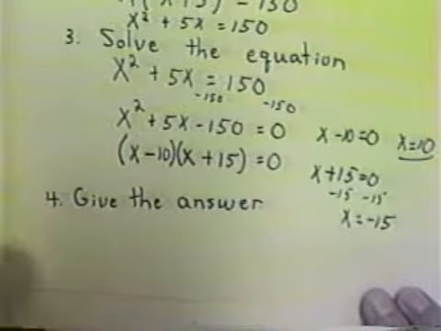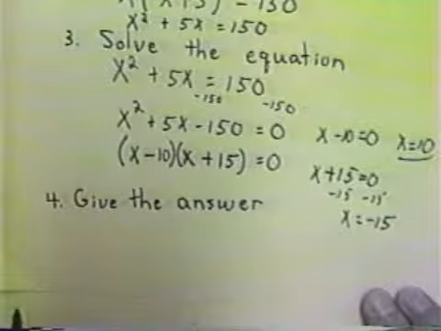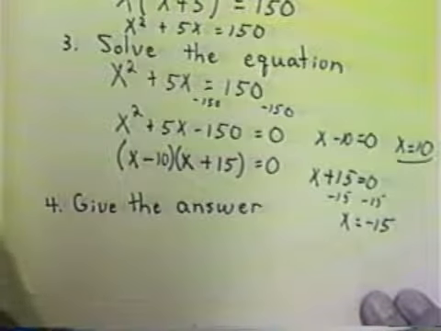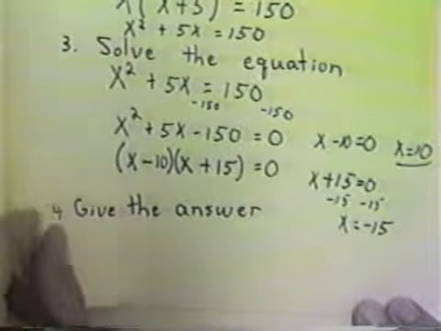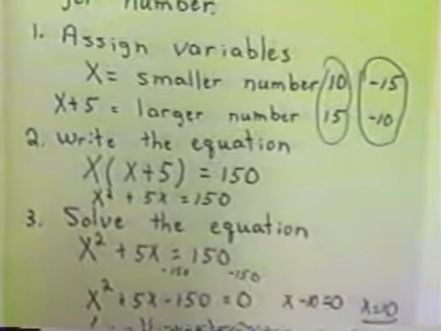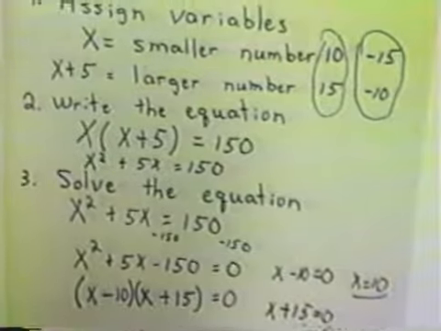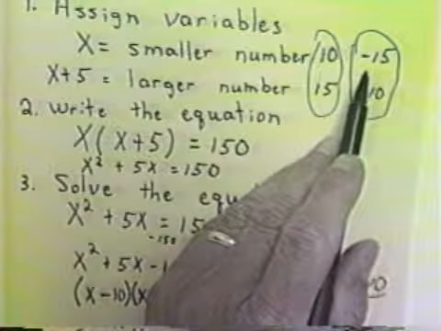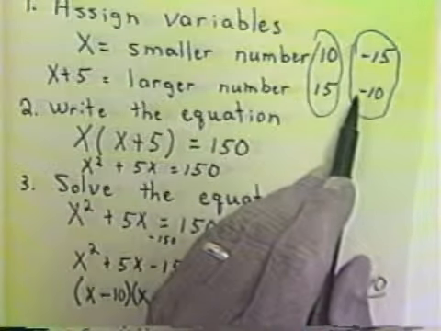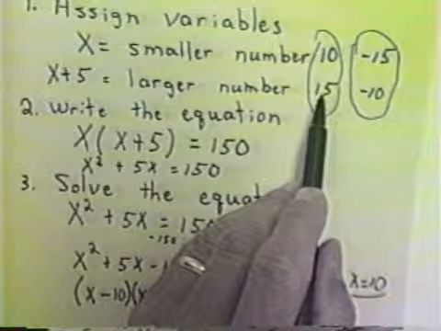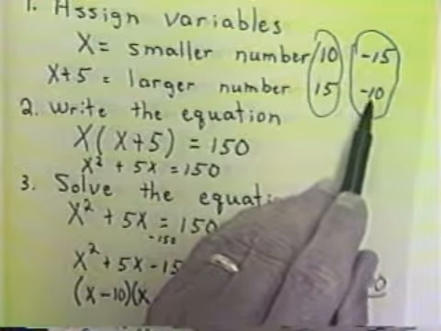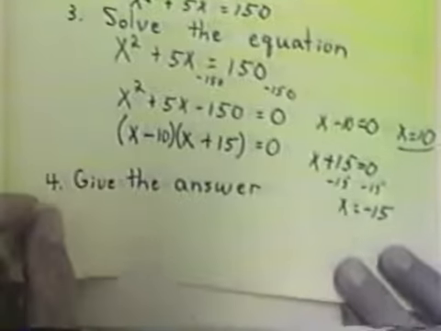Now the last step in the problem is to give the answer. Well, I have two answers. I have the larger number, and see I said just find the larger number. So the larger number could be 15, or the larger number could be negative 10.